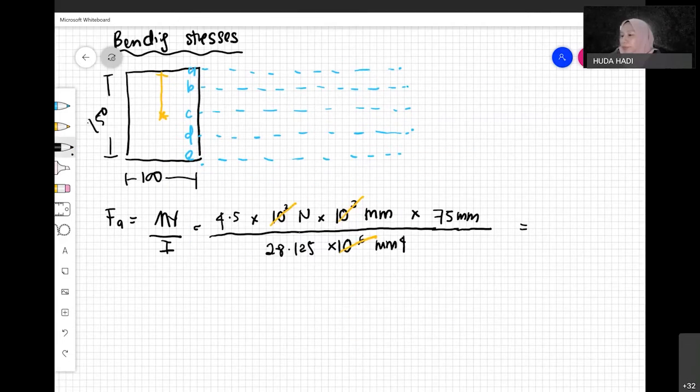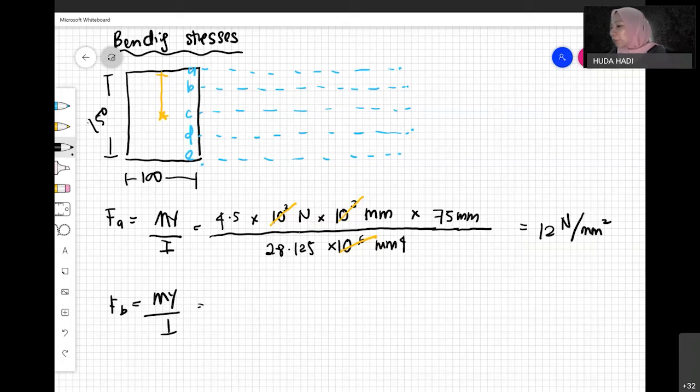Anis, 12 kan, Miss? Okay, thank you Anis. And then FB sama juga. 4.5, 10 kuasa 3 Newton. You nak tulis 10 kuasa 6 terus pun okey. Tak ada masalah. Tapi ini I nak bagi faham saja.